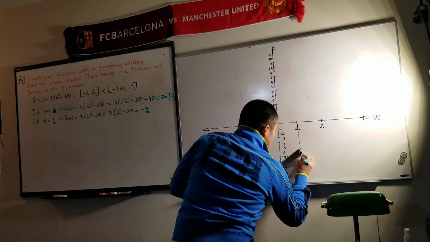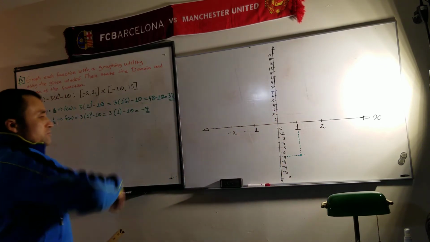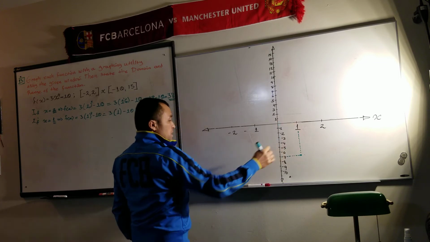So this is one of the points through which the graph is going to go, (1, -7).